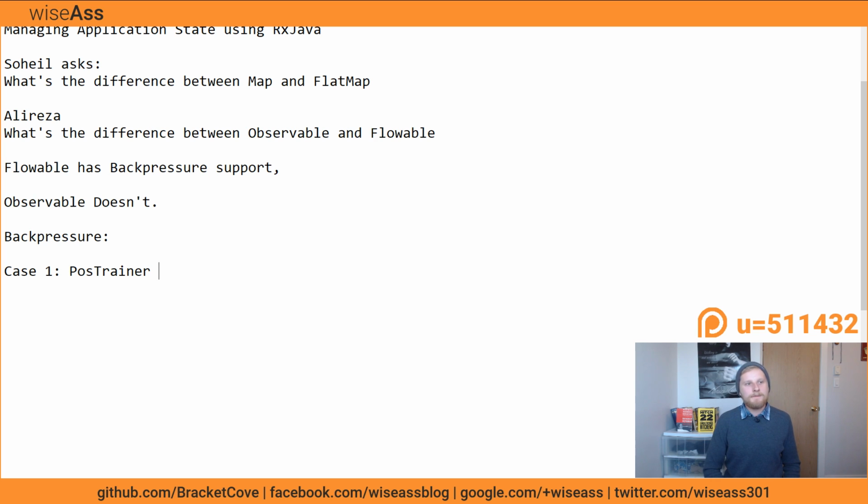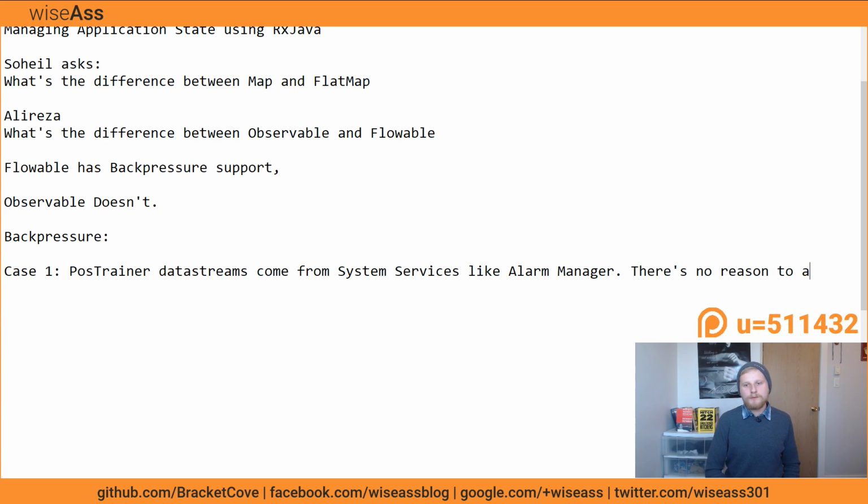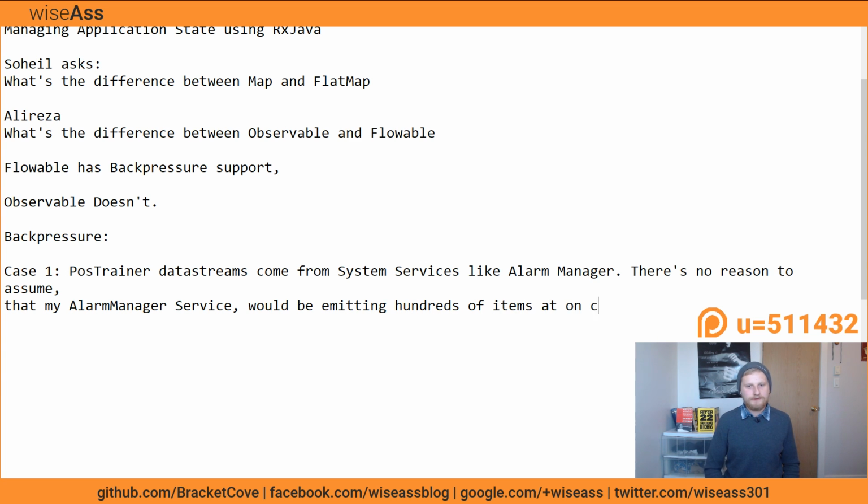In POS Trainer, data streams come from system services like Alarm Manager. There's no reason to assume that my Alarm Manager service would be emitting hundreds of items at once.